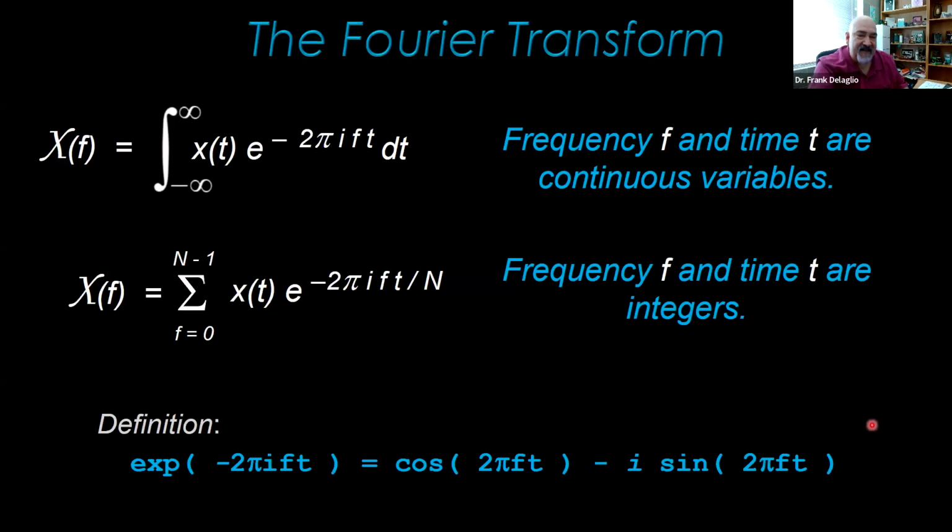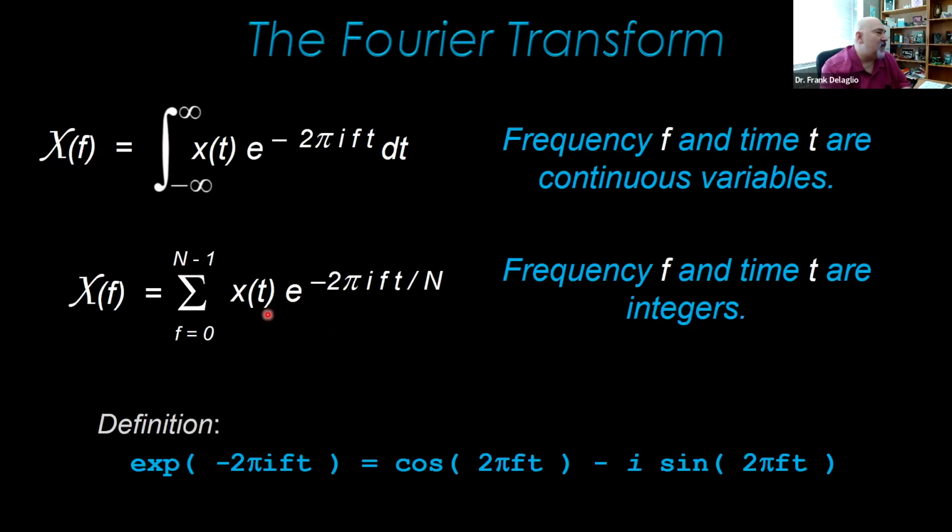Now, to understand how this works, it's useful to discuss the Fourier transform. The form that we use in NMR is the discrete Fourier transform, where we have some time domain data, a little x of t, that we'd like to Fourier transform.